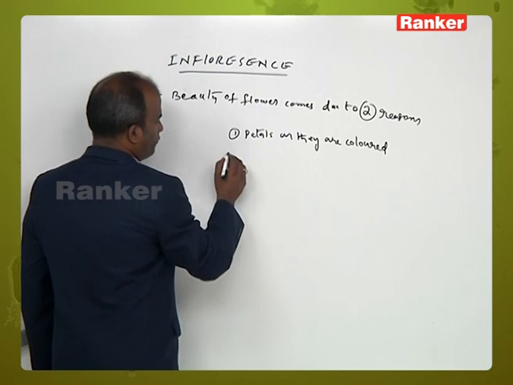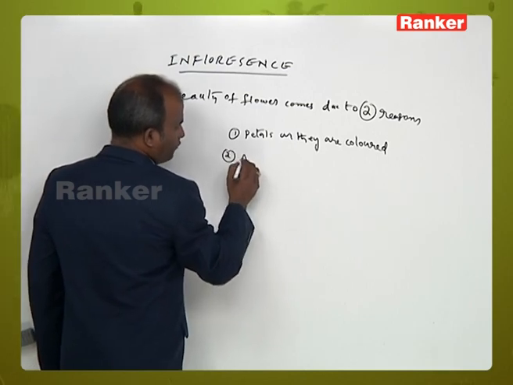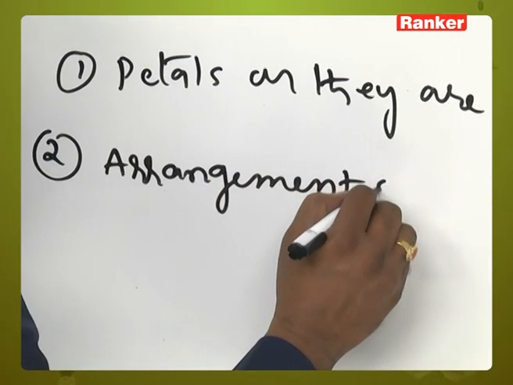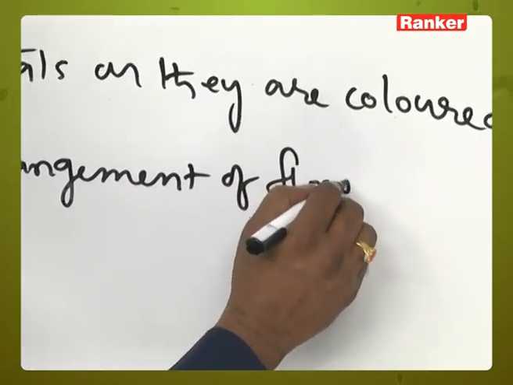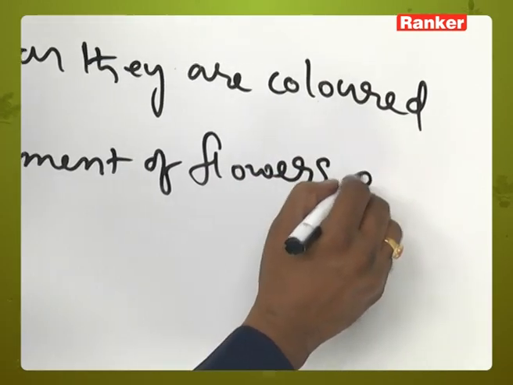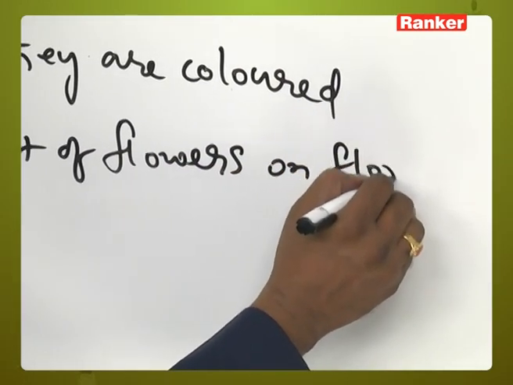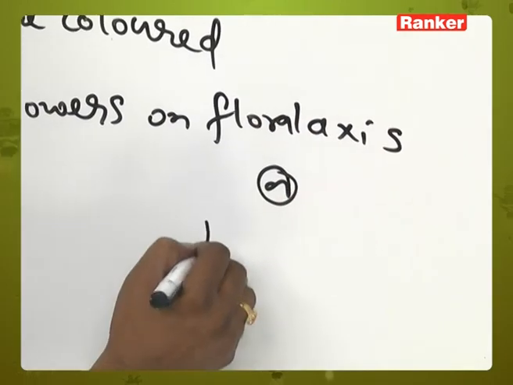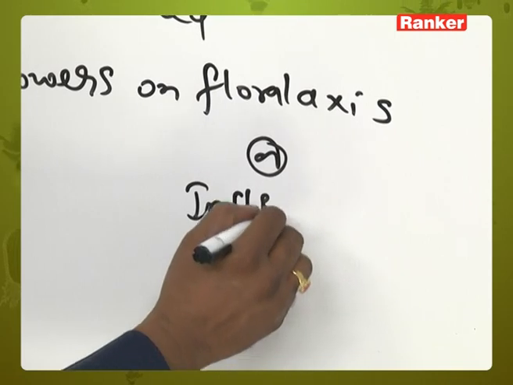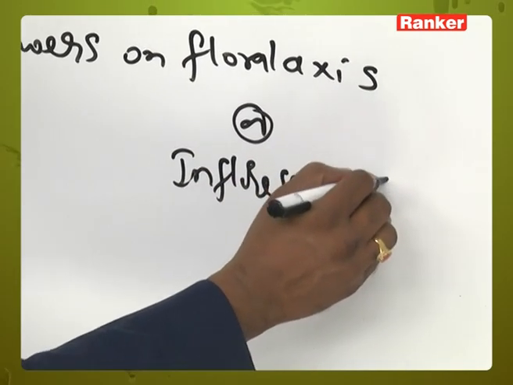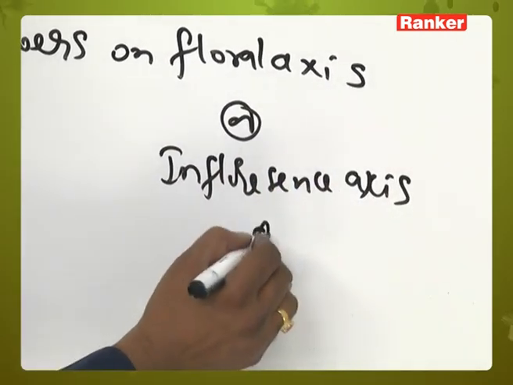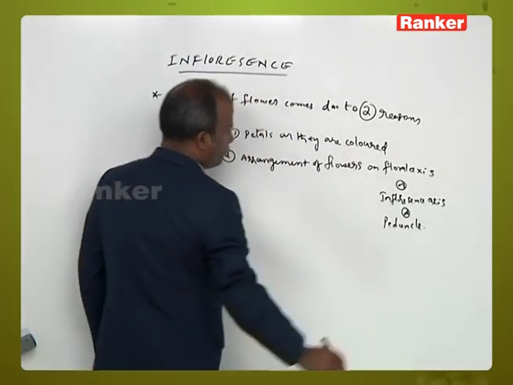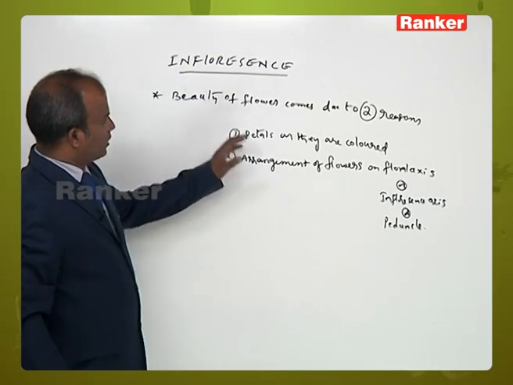And what is the second one? The arrangement of flowers on floral axis or inflorescence axis or peduncle, due to which the beauty of flowers comes.